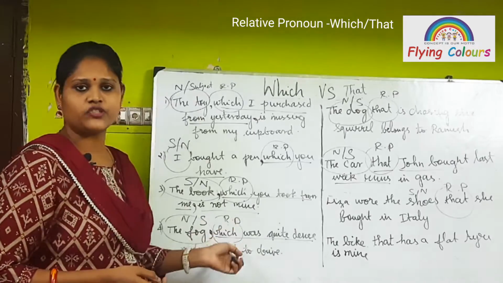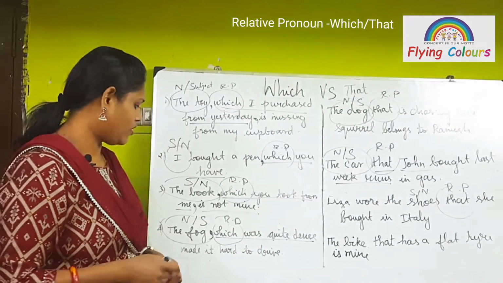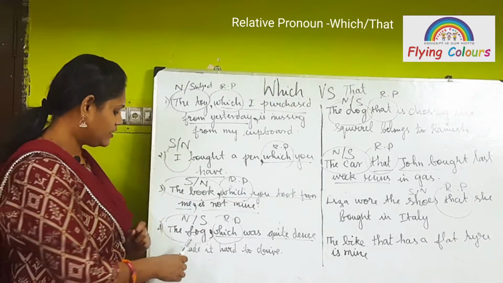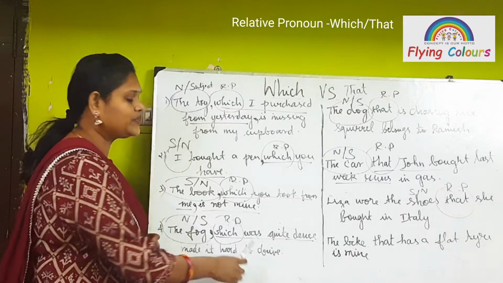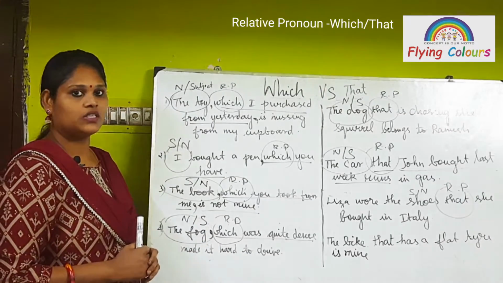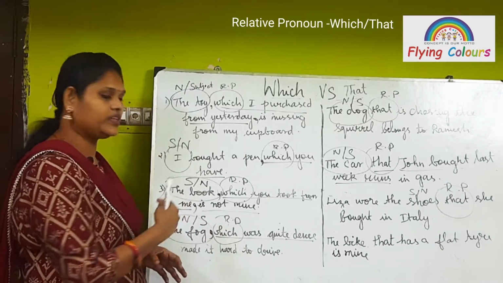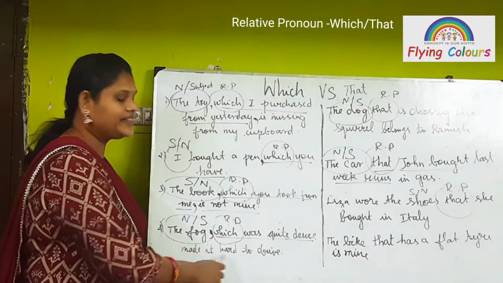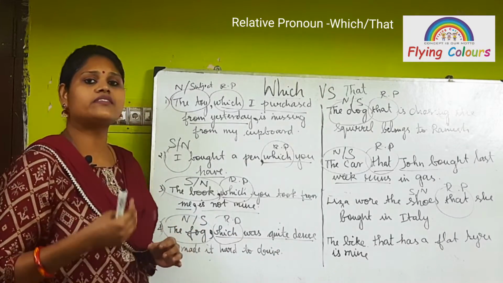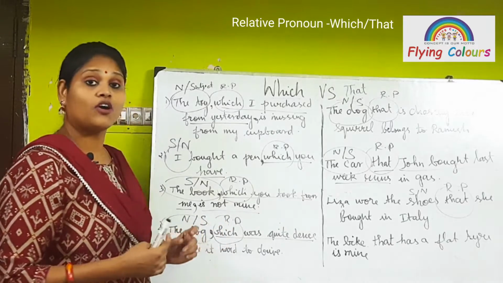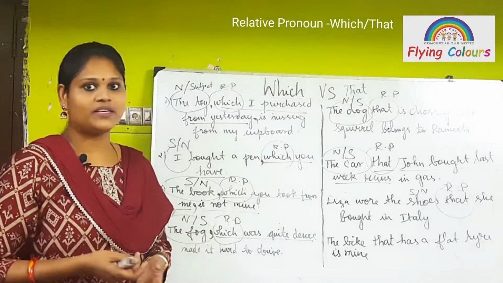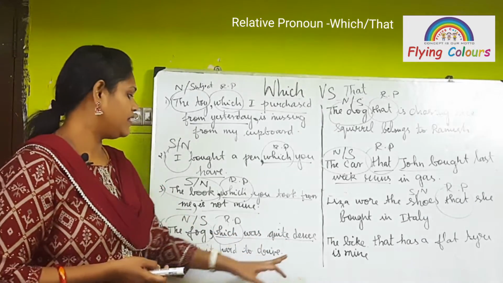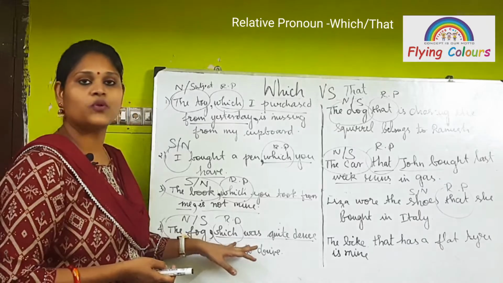Without this non-essential clause, I can complete the sentence. Let me read that: The fog made it hard to drive. Now I add which as a relative pronoun: The fog, which was quite dense, made it hard to drive. I'm just giving extra information about the fog, which was quite dense. Fog is always dense, no? So which was quite dense is extra information. In this case, you can use the relative pronoun which.